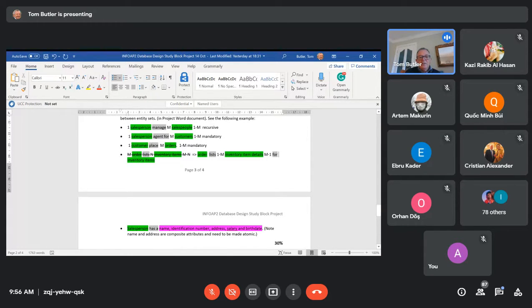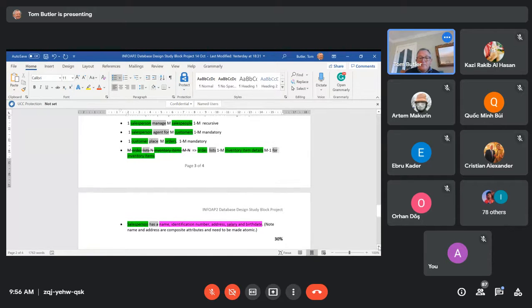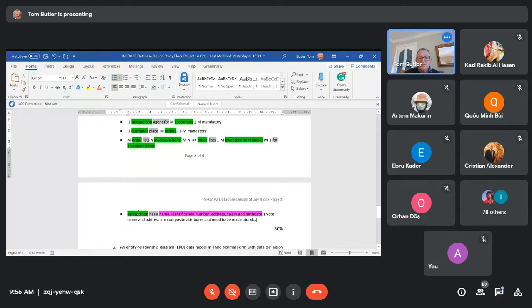In that, it's one-to-many, recursive, one-to-one mandatory, one-to-M mandatory, one-to-M optional, and so on. And also, I might add, the identification for each entity of its attributes. Okay?